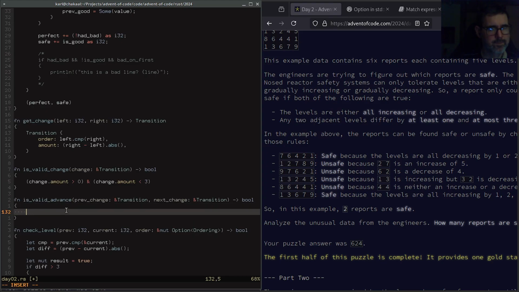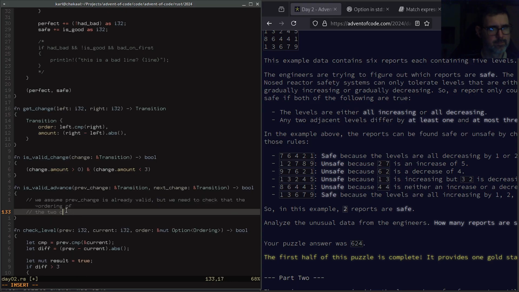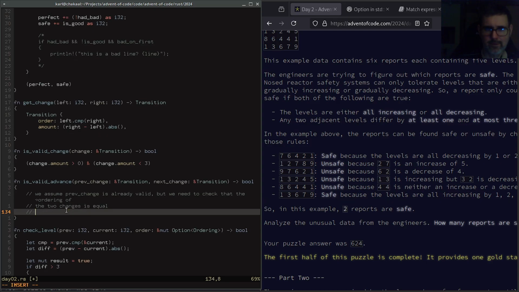So we want... guess my terminal's shrunk down a little bit.